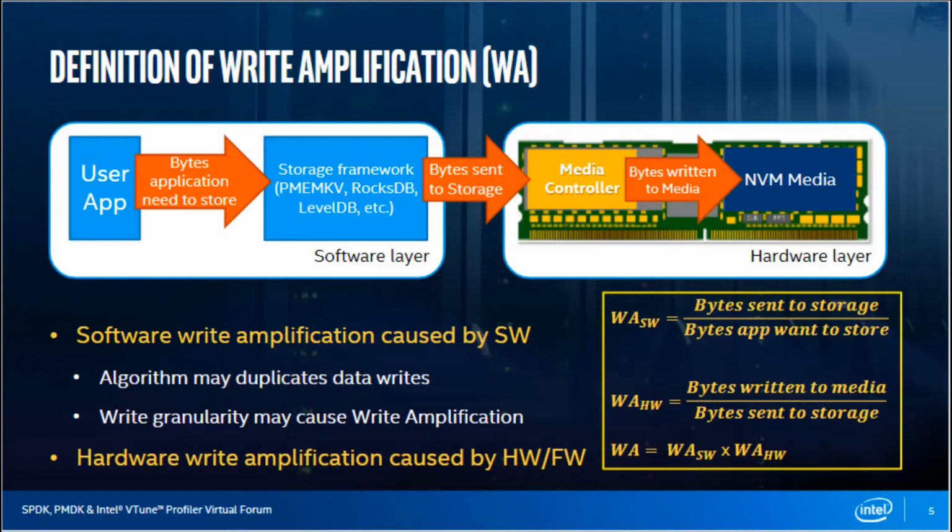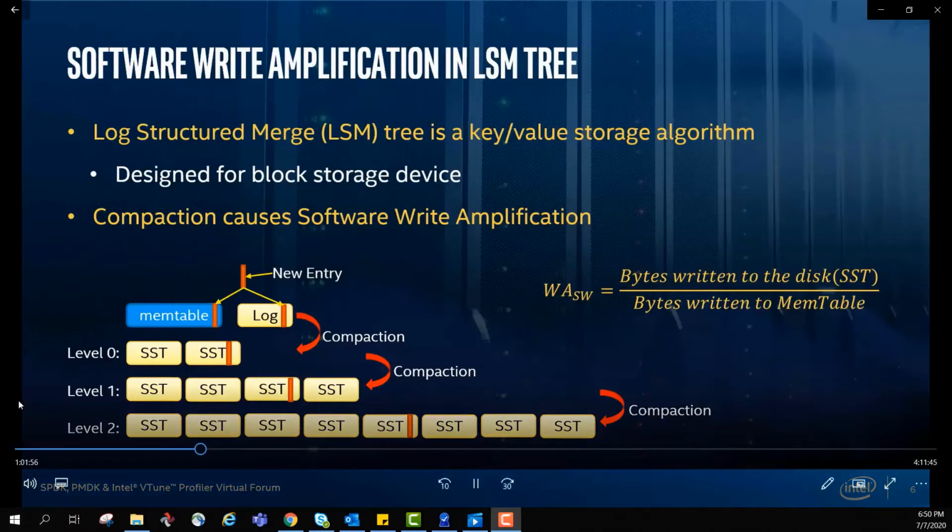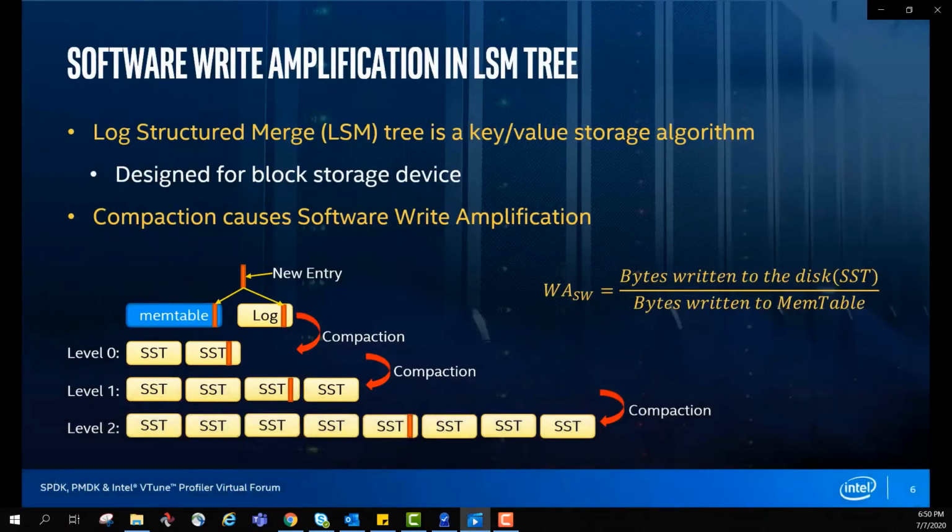So a very good example of software write amplification is the log structured merge tree. It's a very popular data structure developed for block storage devices, and it's optimized for writes, and it allows you to organize a key-value storage on SSD or on hard drives.